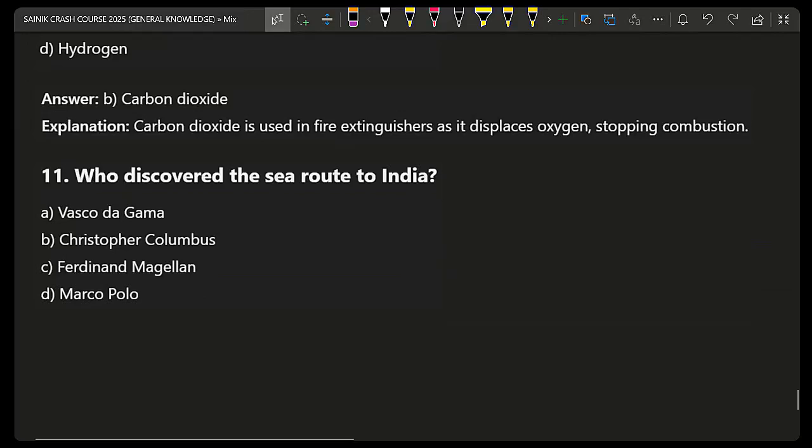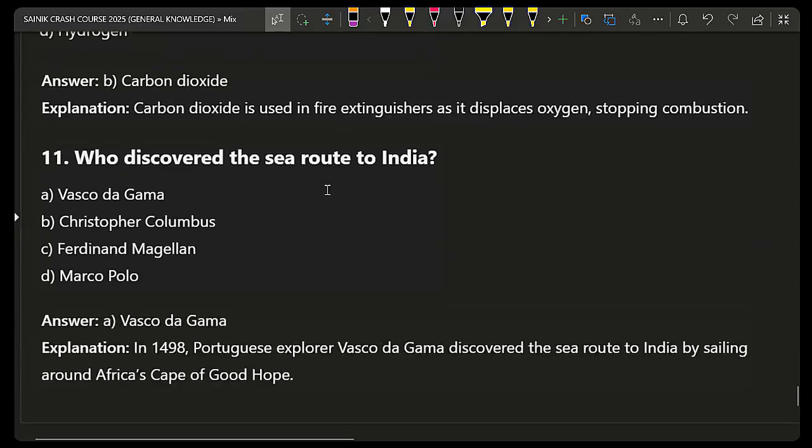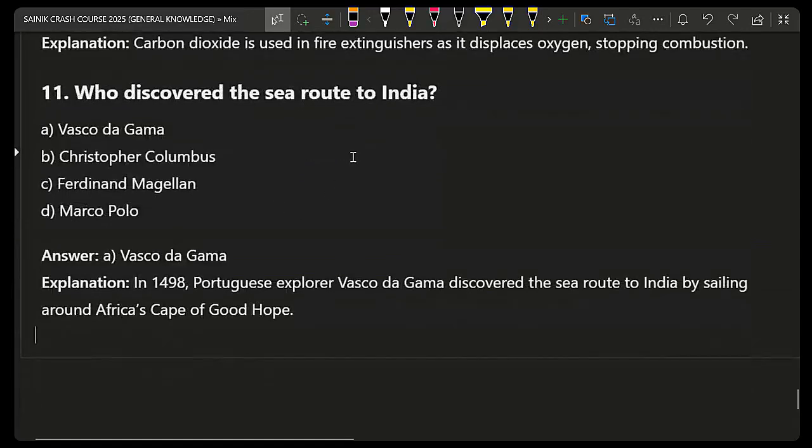This is the last question of today's class, and time is also almost 8 o'clock. So let's see the answer. Vasco da Gama, option A, is the correct answer.